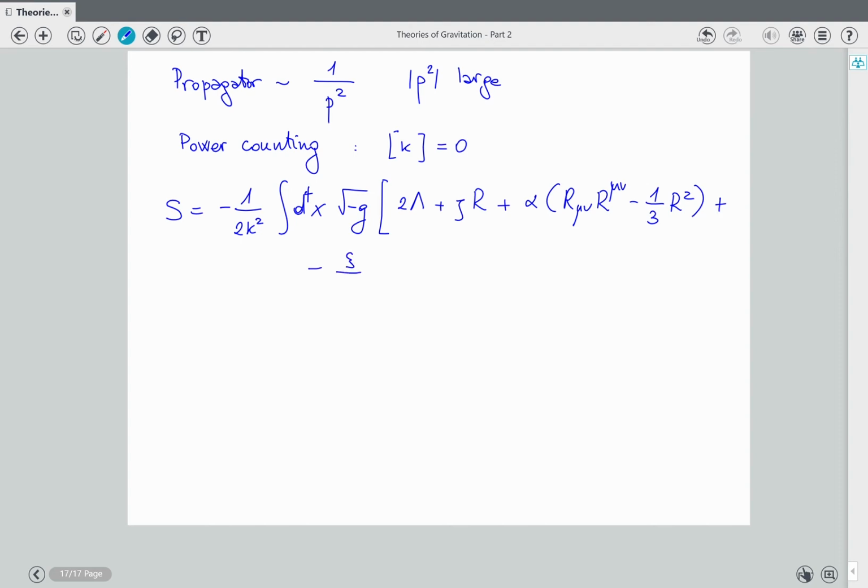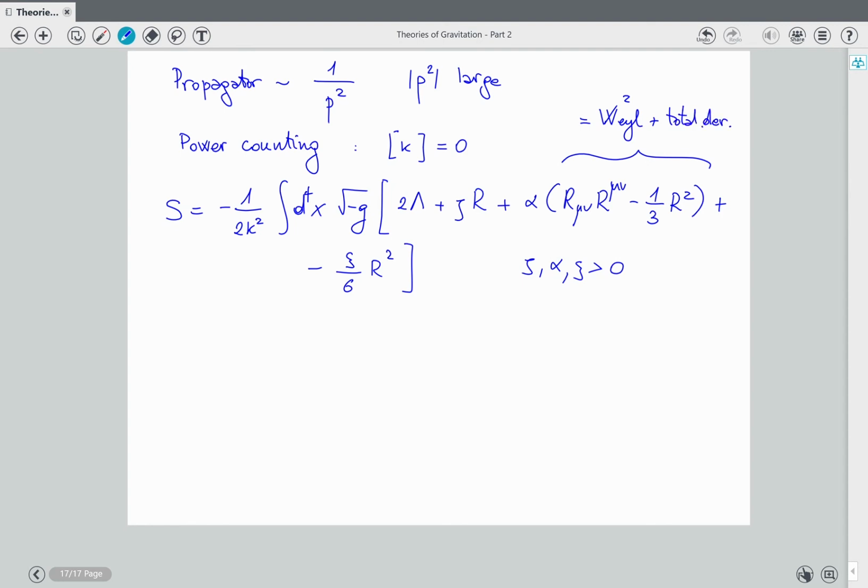R squared, where zeta, alpha, and psi are positive, and this is written in this combination because it's equal to Weyl squared plus a total derivative.